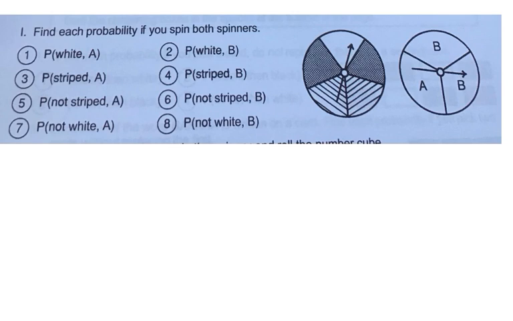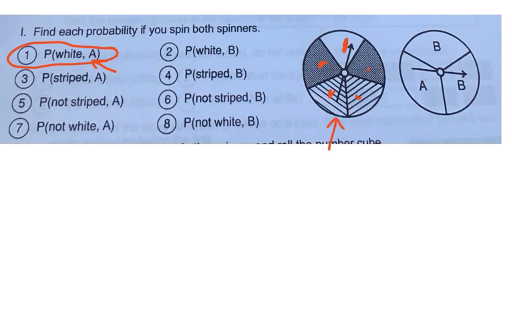First of all, let's just do a few of these. For example, question 1 here says the probability of white and then getting the letter A. Well, when I spin this first spinner, notice that there's only one white, and there's 1, 2, 3, 4, 5 sections.